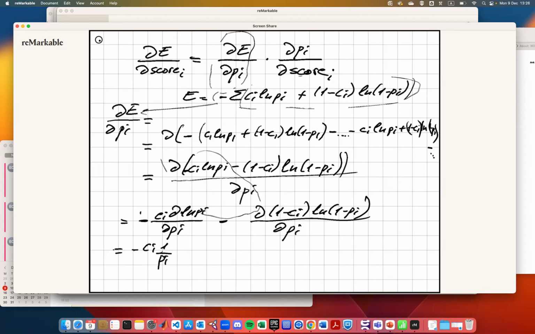Here we have a more complex thing, which converges to this one: 1 minus ci over 1 minus pi, multiplied by d of 1 minus pi by dpi.